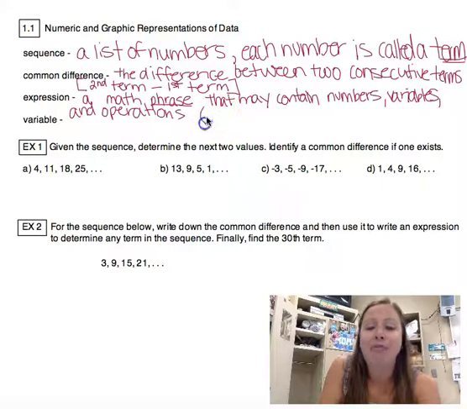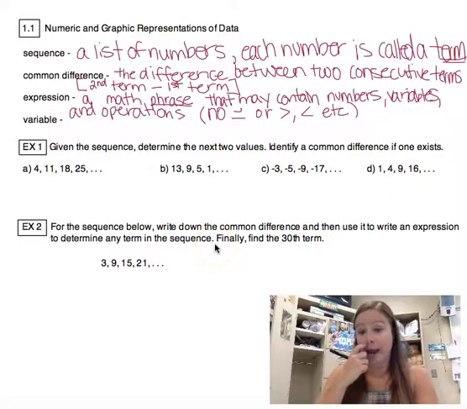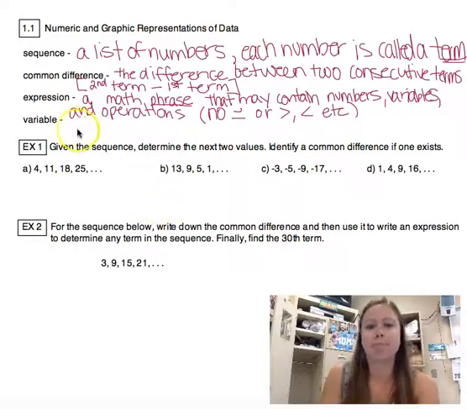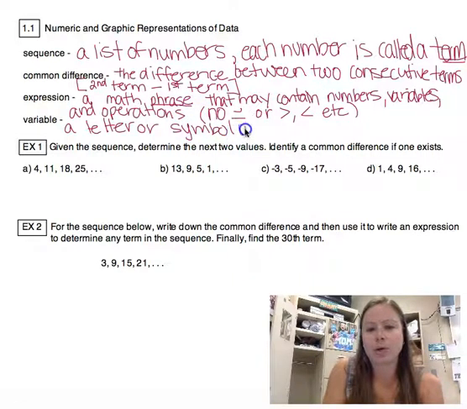A math phrase has no equals, or greater thans, less thans, etc. It just has the numbers, the variables, and the operations, no equal sign. A variable, if you didn't know, is a letter or symbol used to represent an unknown quantity.